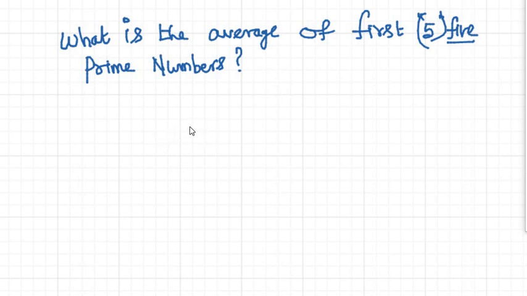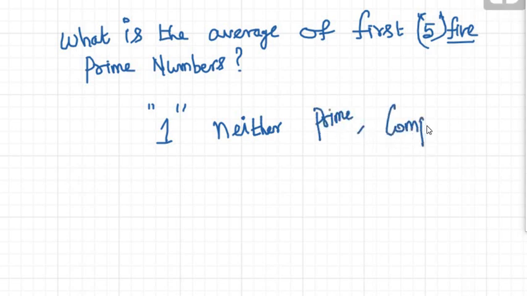What I want to emphasize from this problem is that the number 1 is neither prime nor composite. What is composite? Composite is a number which has more than 2 divisors. Examples: 10, 20, 30, 18.